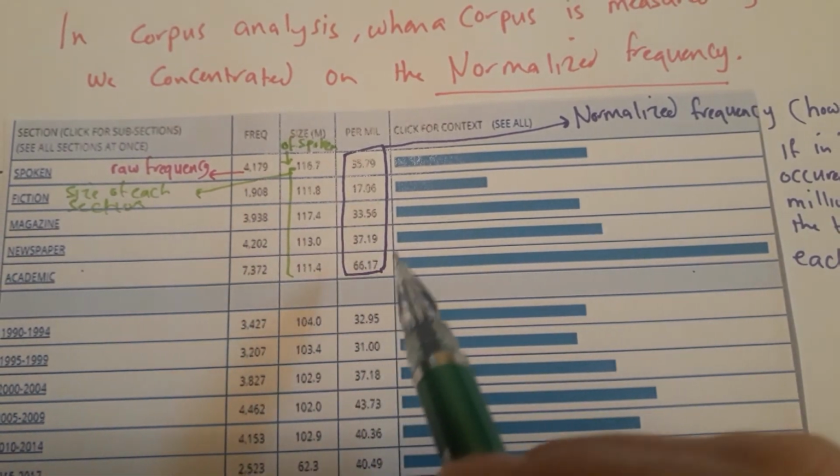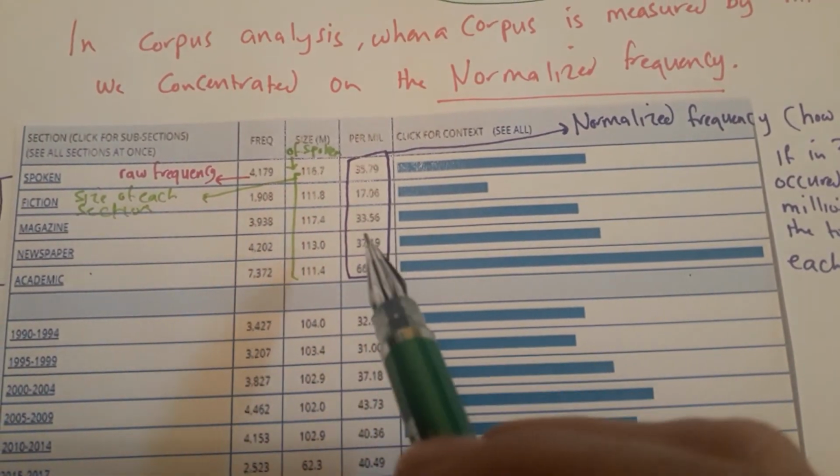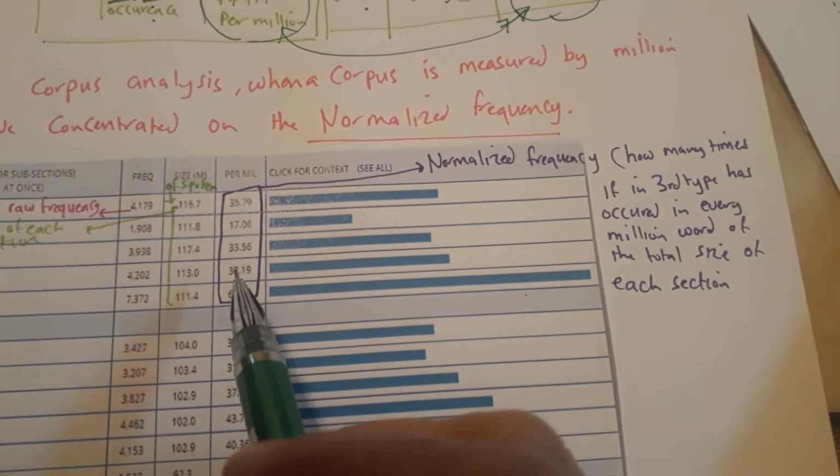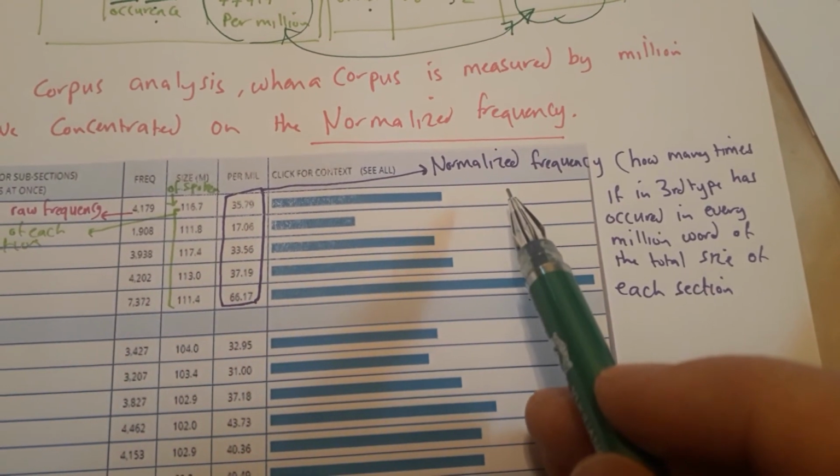Focus on this column. Now normalized frequency again.